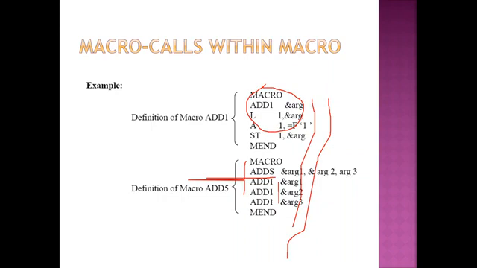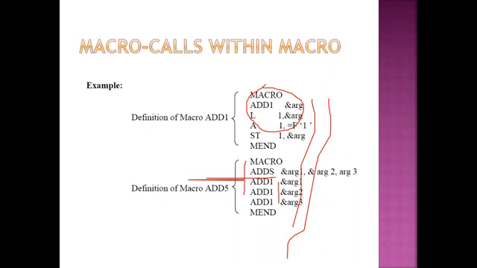Note this carefully: these macro calls are not happening in the main program, they are happening inside another macro. This scenario is called macro calls within a macro. If you see how the expanded code looks, you will have clarity. That will be in the next slide.